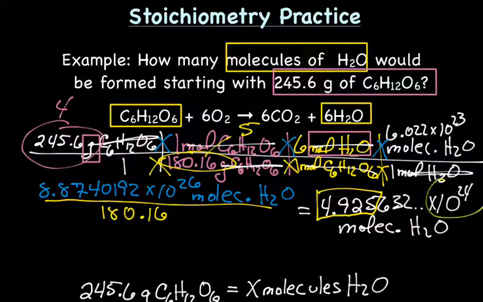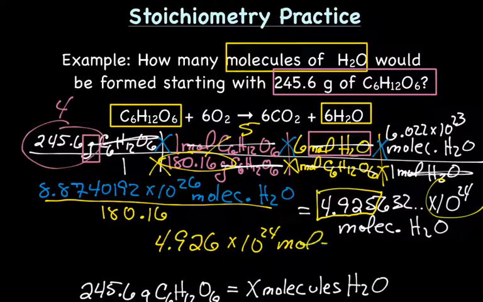And of course, we need to keep the molecule unit. That's not part of sig figs. So our final answer will be 4.926 times 10 to the 24th molecules of H2O.